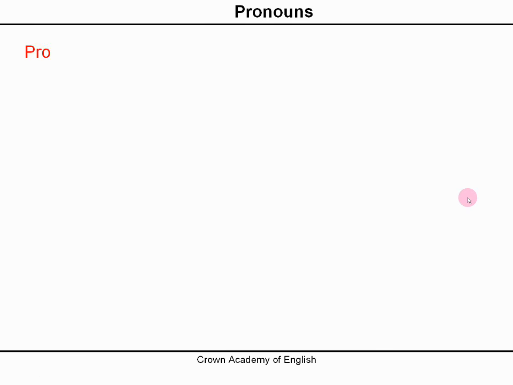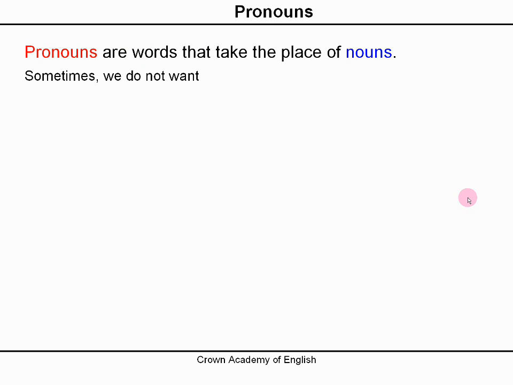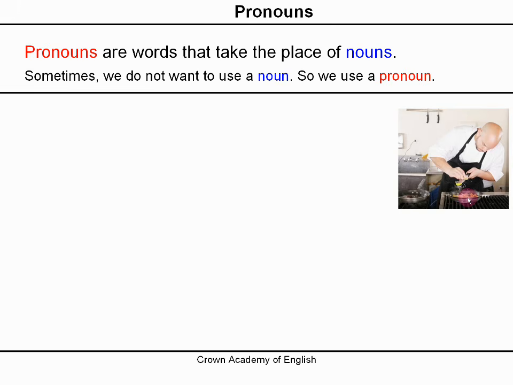Pronouns. Pronouns are words that take the place of nouns. So sometimes we do not want to use a noun, so instead we use a pronoun. Example: Mark is in the kitchen. He is cooking.